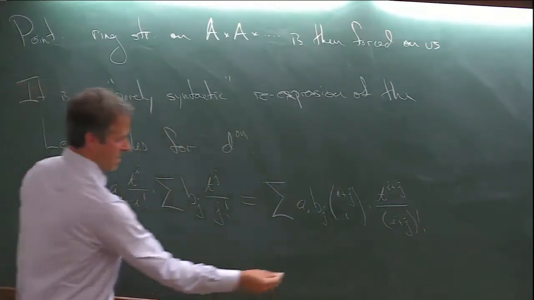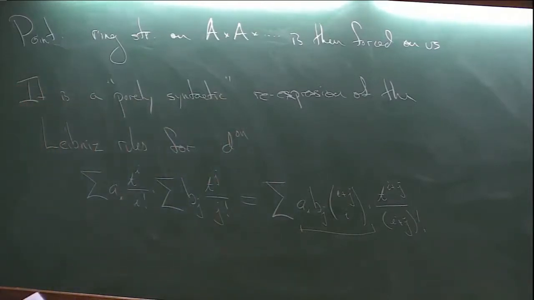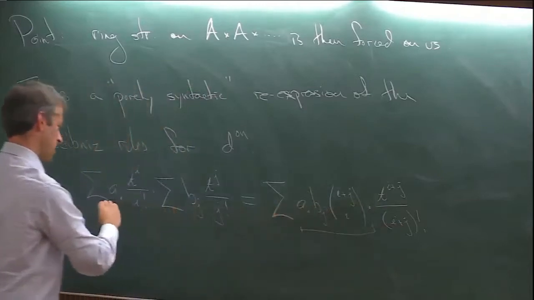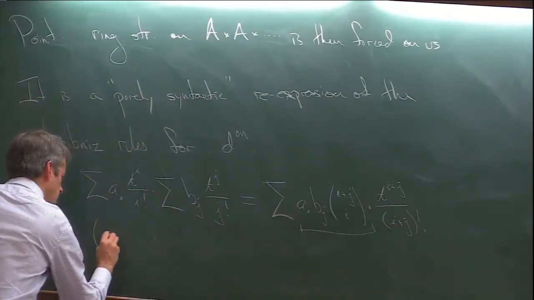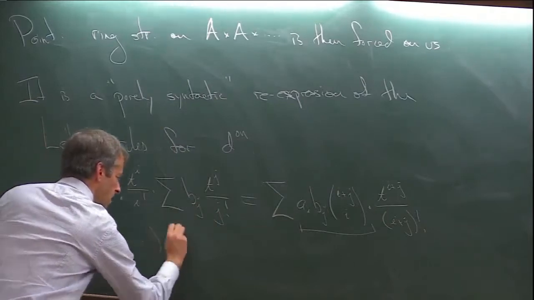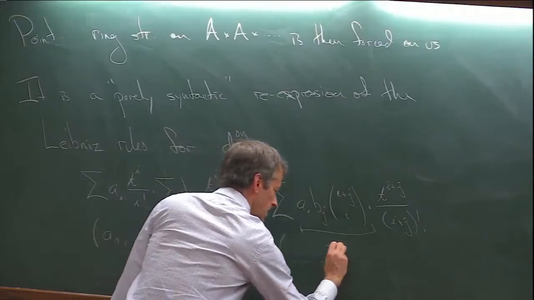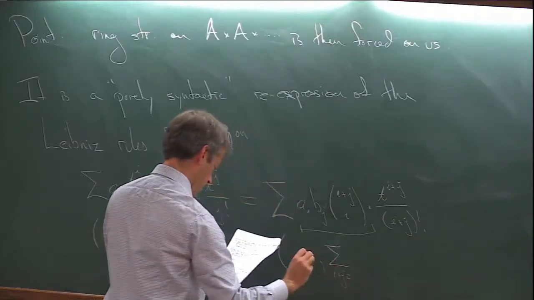So the i plus jth coefficient of the new power series is this polynomial expression in the coefficients of the original power series. So we can write, which letter do I want to use? K.